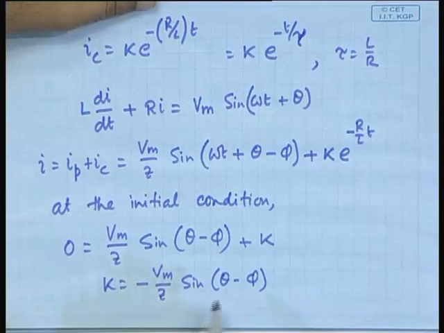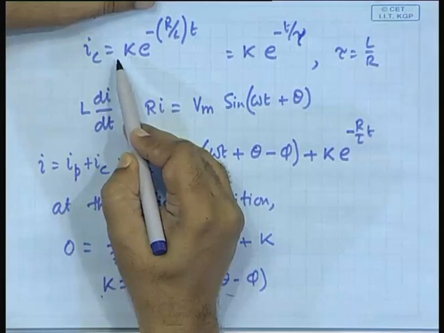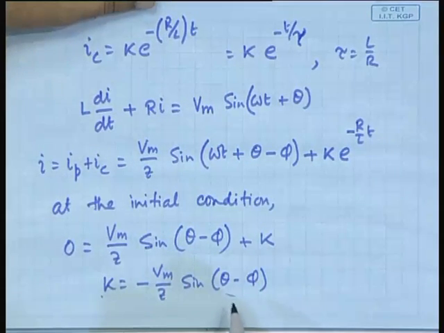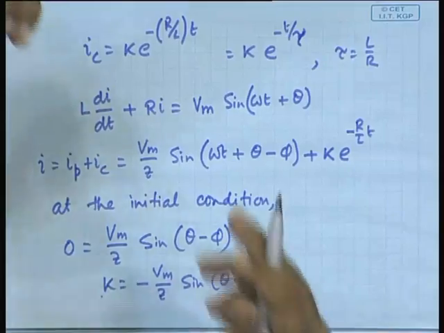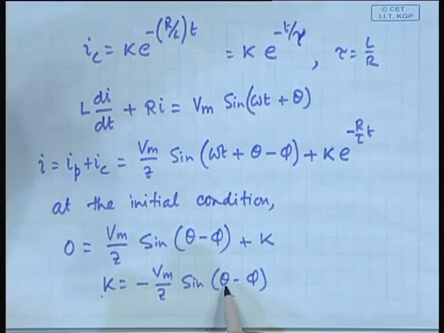Now, you notice that if theta is equal to phi, then this term is 0, therefore k is equal to 0. If k is equal to 0, then the transient is 0. So what is the condition that the transient will be 0? That if the system has a phase angle phi, then if you start the sinusoid exactly at that amount of delay, then the transient will be 0, clear.